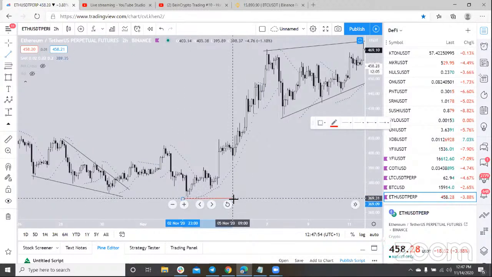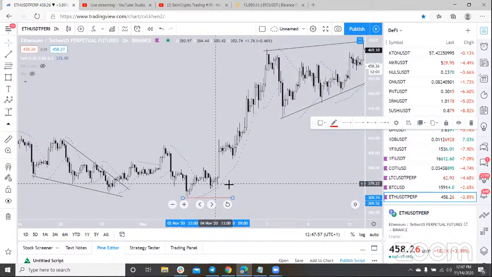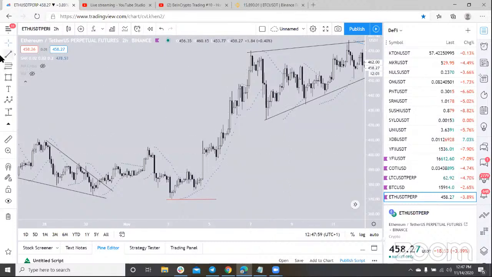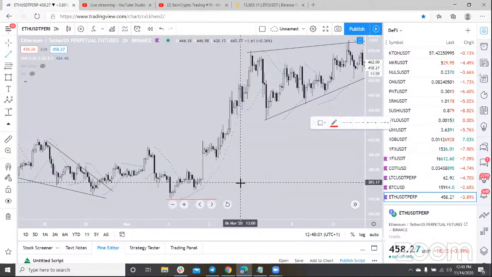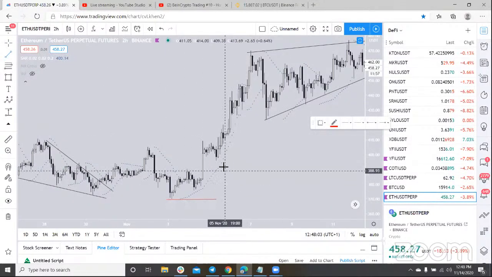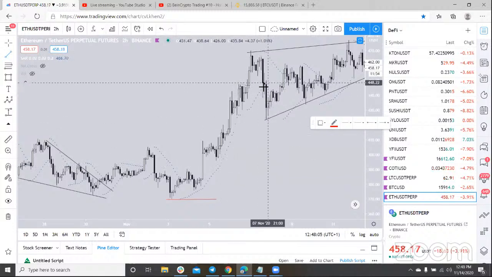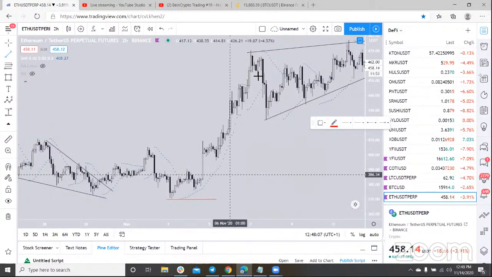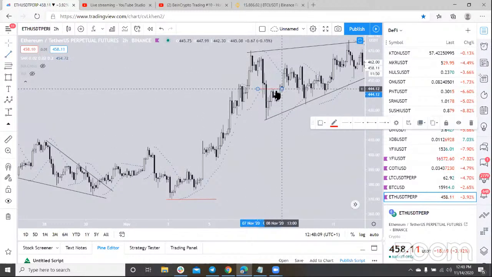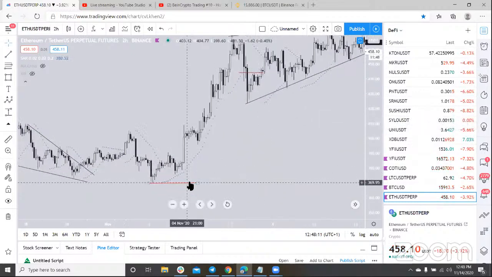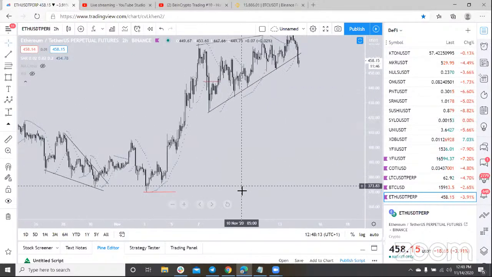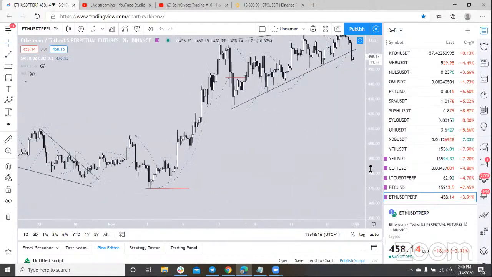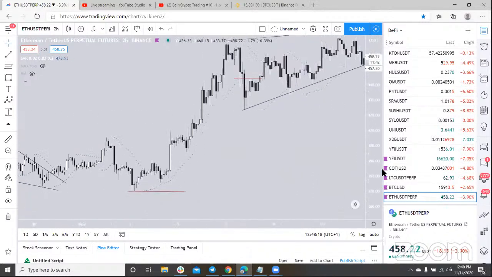Again, we're assuming that we entered here, so price goes up. One of the stops we trail it, so for 50% of the total order, we're gonna trail the stop all the way here. But so half of the order would have been stopped here, and we still have the second stop loss. This is the more conservative approach because you can use the stop loss as a take profit order.